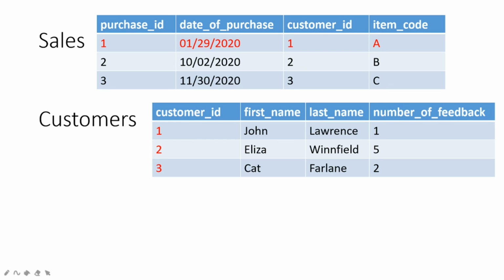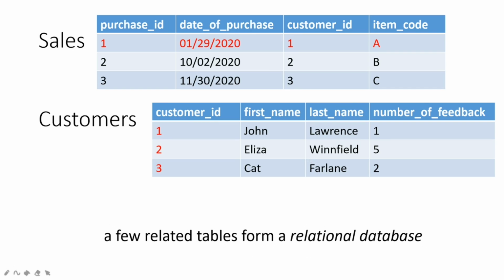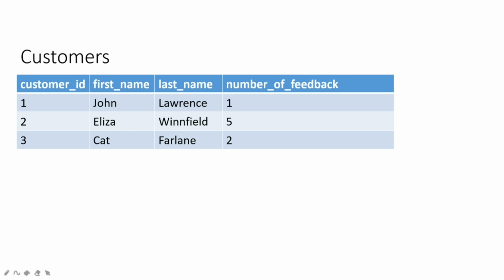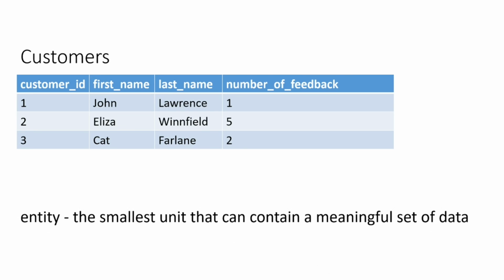So you see, relational algebra allows us to use mathematical logic and create a relation between a few tables in a way that allows us to retrieve data efficiently. And these 2 tables, through customer ID, form a relational database. Besides the records or rows and the columns, the smallest unit that can contain a meaningful set of data is called an entity.